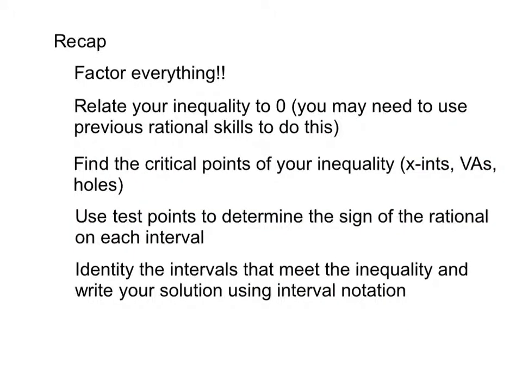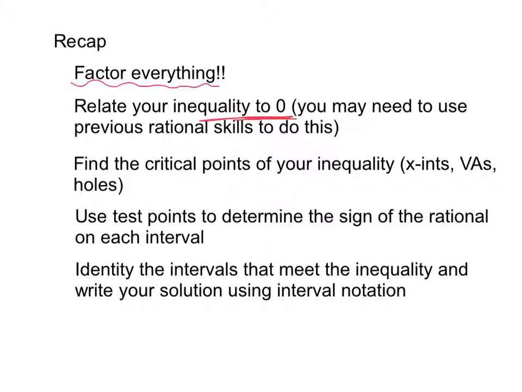So now we're ready to do our recap. Start by factoring everything. Then you need to make sure your inequality is related to 0. You have to use some previous rational skills to do this, because we want to sometimes add or subtract, and so you're going to need to keep in mind all of those skills you learned about adding and subtracting rationals, common denominators, and all that jazz.